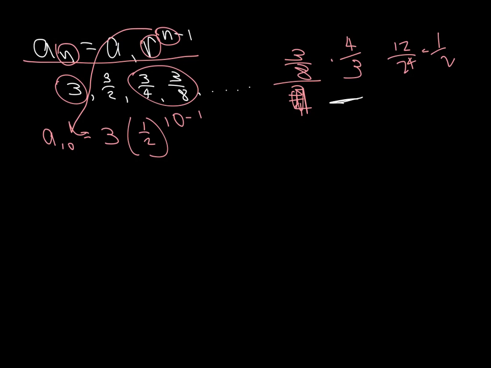So to rewrite this again, I've got a sub 10 equals 3 times 1/2 to the 10 minus 1, which is 9. Okay? And then I have to solve that. So I get my calculator and I put in 1/2 or 0.5 to the 9th power. And you'll have a key that looks like this.